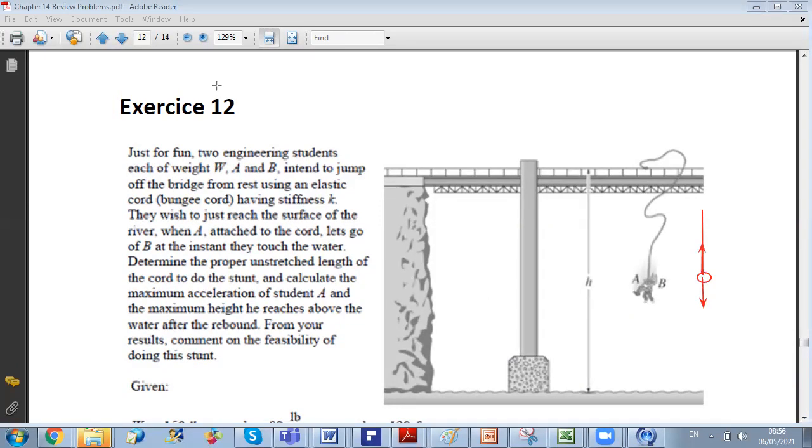Okay, so we want to determine maximum A. For maximum acceleration A, what will happen? مين لازم يكون maximum? So for A max, I should have T maximum.